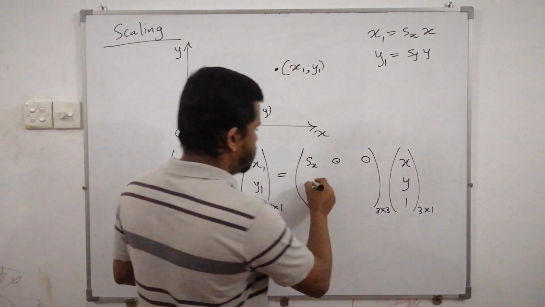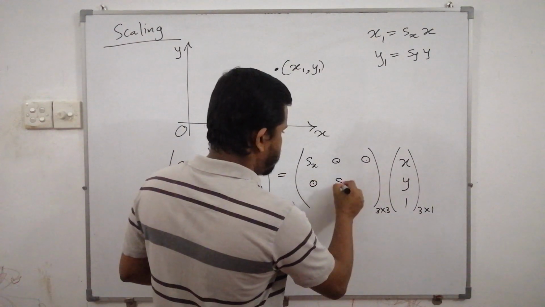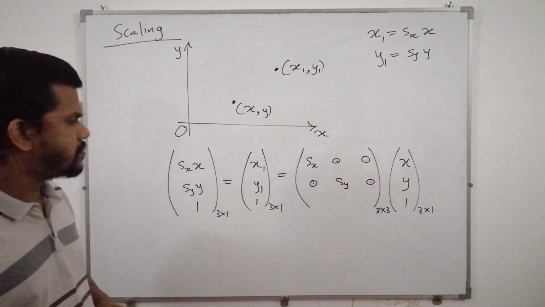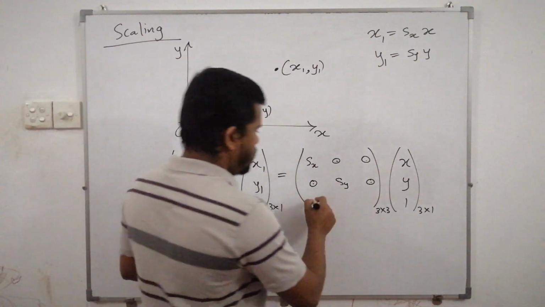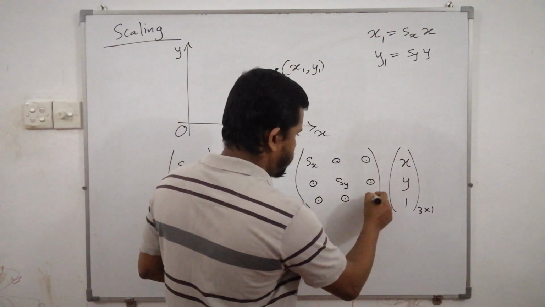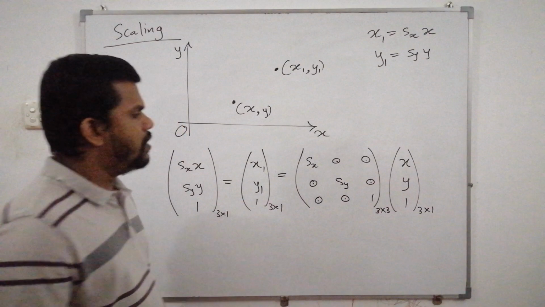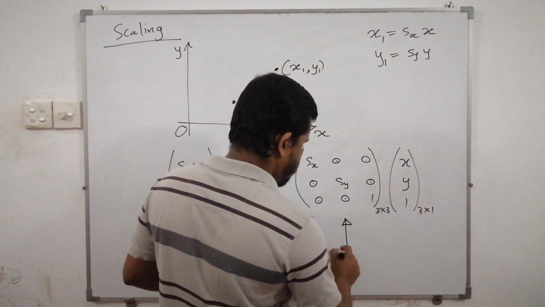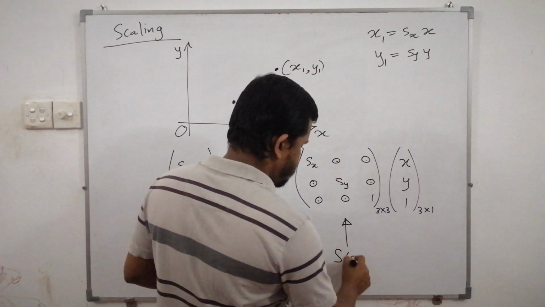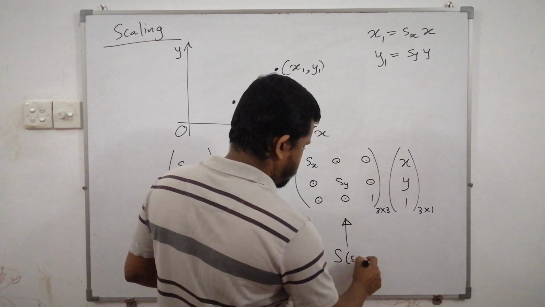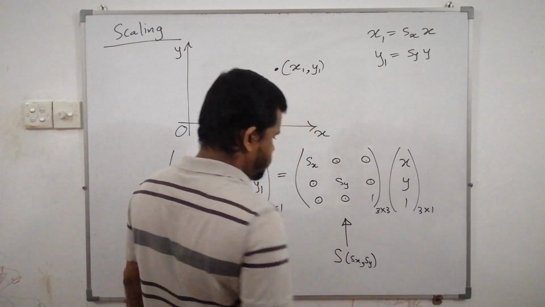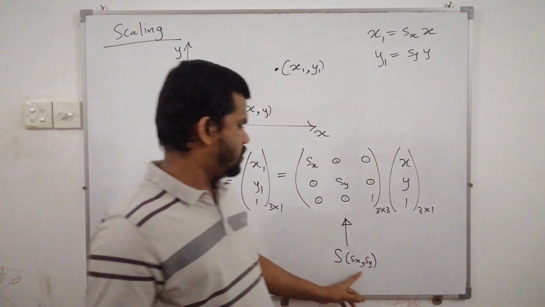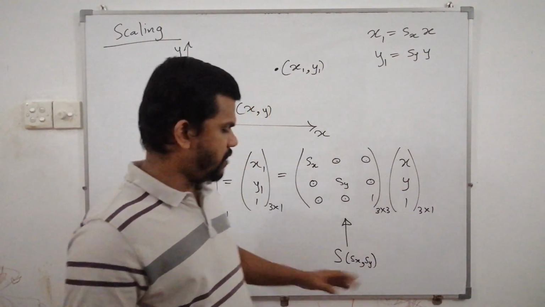This one 0 sy 0. Finally we have 0 0 1. This is called the scaling matrix, and we represent it as capital S of sx comma sy. These are the two scaling factors.